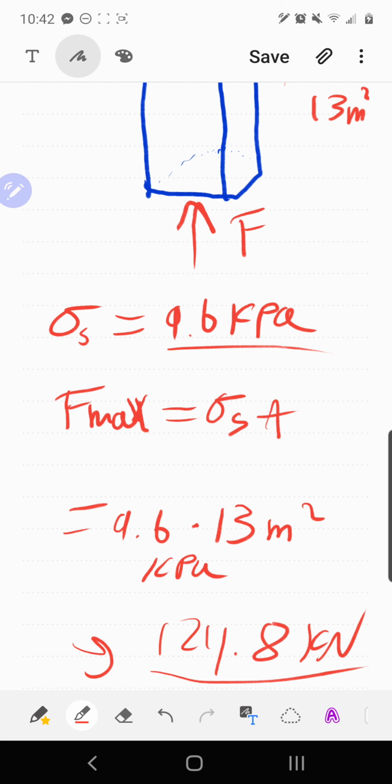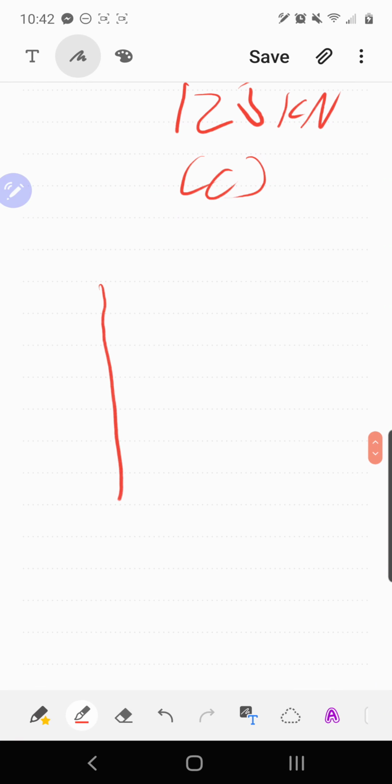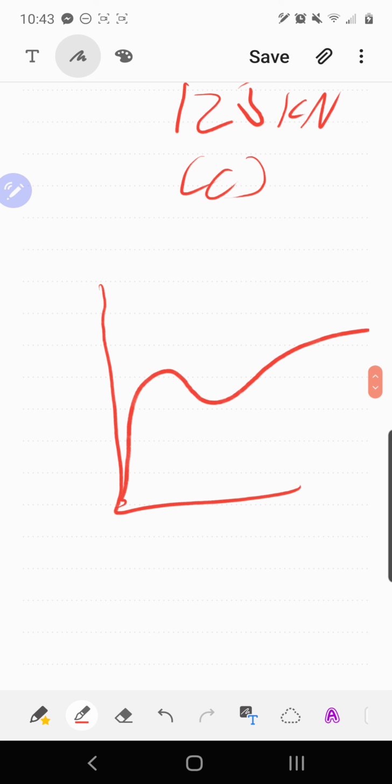You can figure out how much force you can apply to it before that stress permeates throughout the entire substance and causes it to pass the yield point on the stress-strain curve. Right, and after it passes this particular yield point, after this dotted line is linear, then it will undergo permanent deformation.